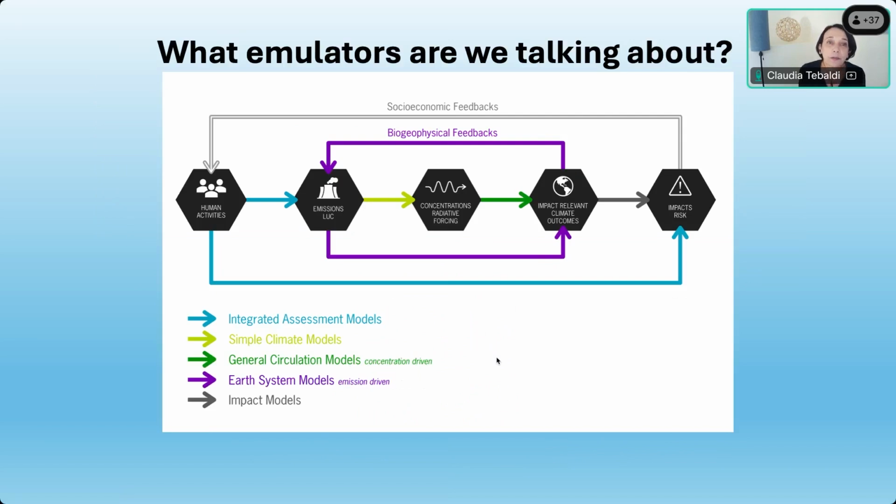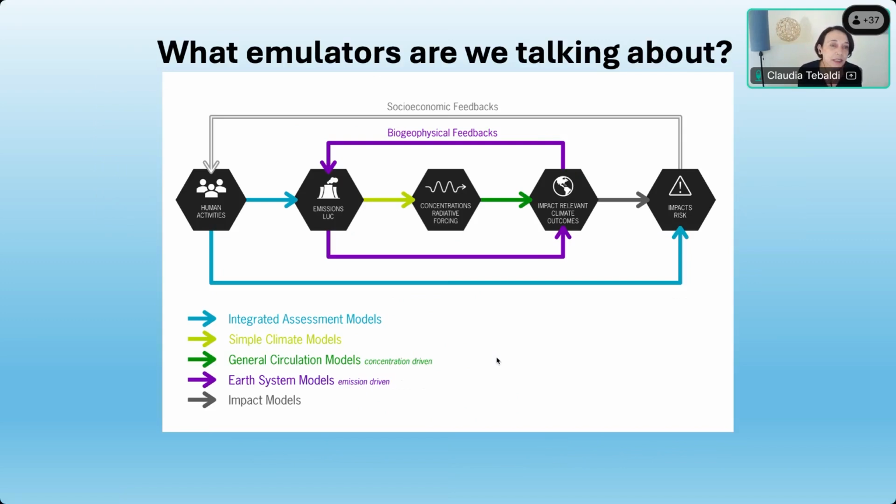So the first thing we wanted to do was to frame our interest in these emulators by specifying what type of emulators we are talking about. Because as you know, probably, people use the term emulator for many different types of tools.